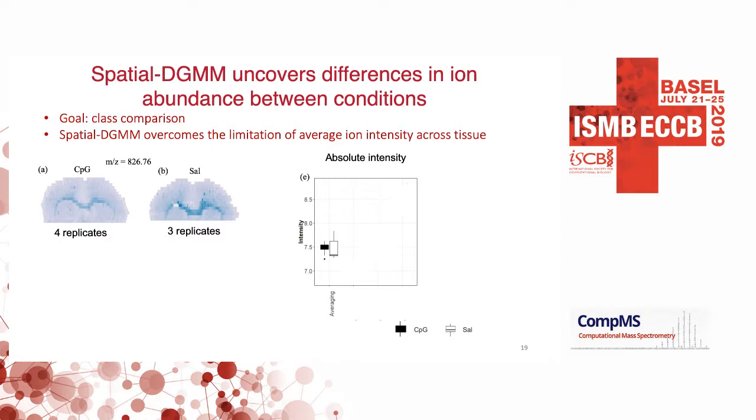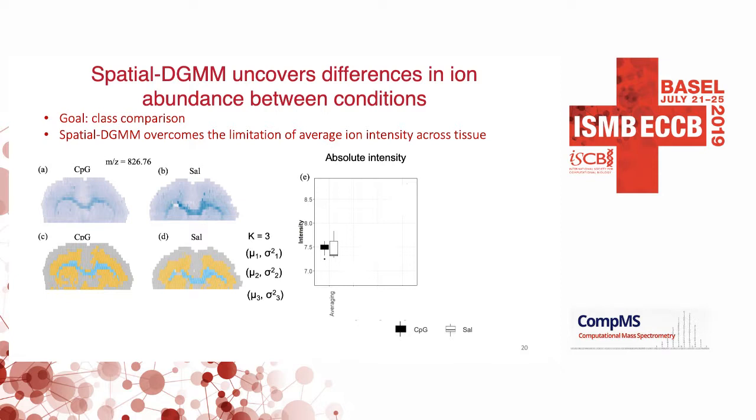And we want to know whether m/z 826.76 is differentially abundant between the 2 groups or not. We can take the average ion intensity across the tissue and compare it, and we can see from the result that the CpG group has higher average ion intensity than the saline group.